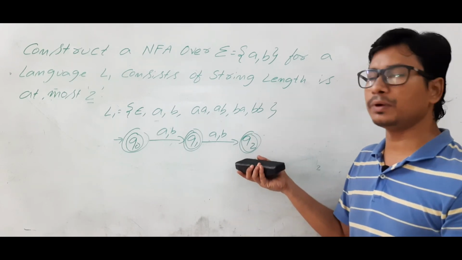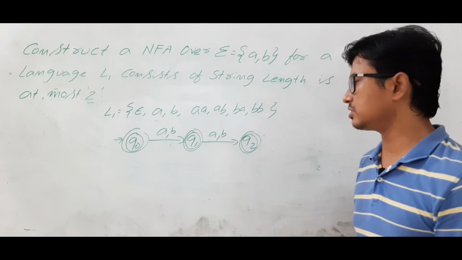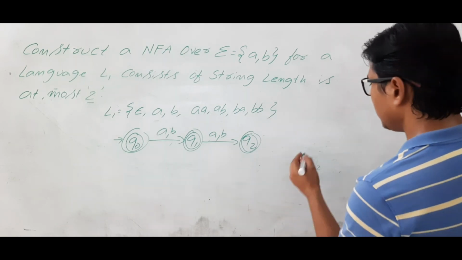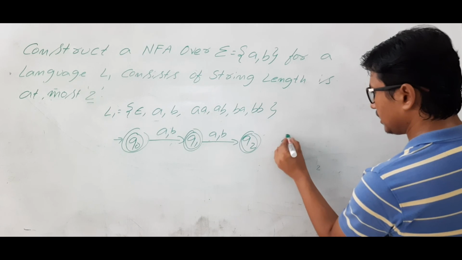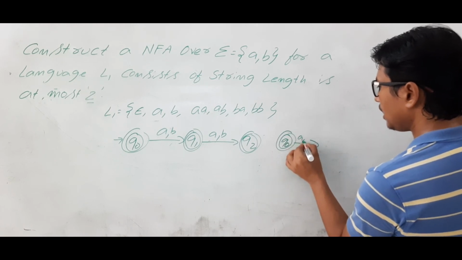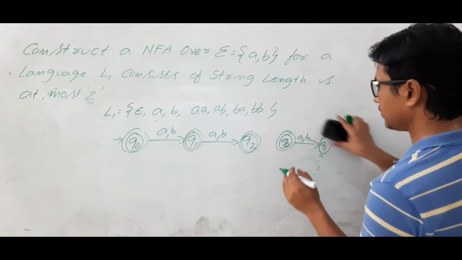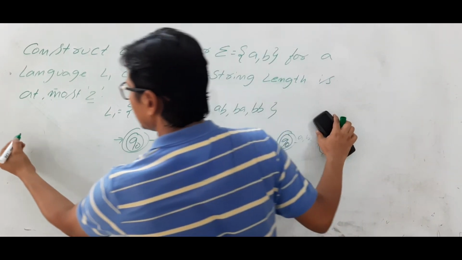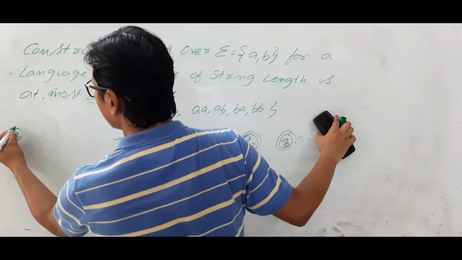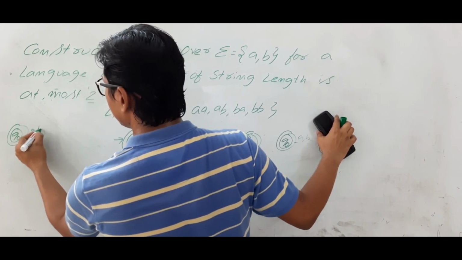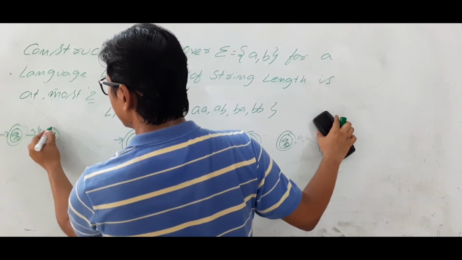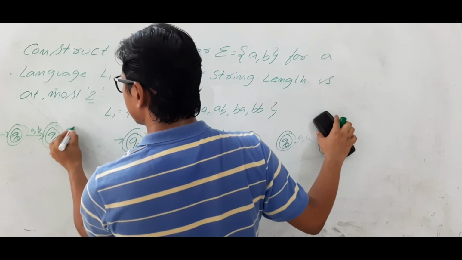Using that property, Q2 on A and B, I have not specified. When it comes to the DFA, let me write the entire DFA. Let me write here so that it will be visible to everyone. Q0 on A and B, you will go to Q1, which will also act as a final state.